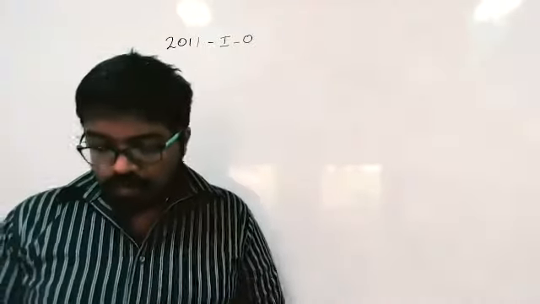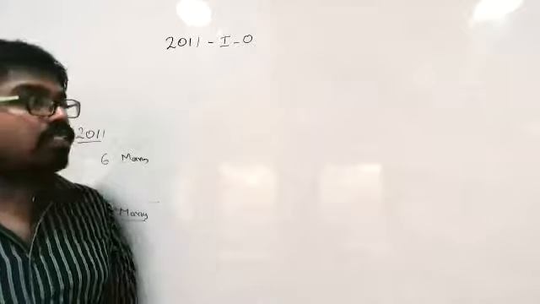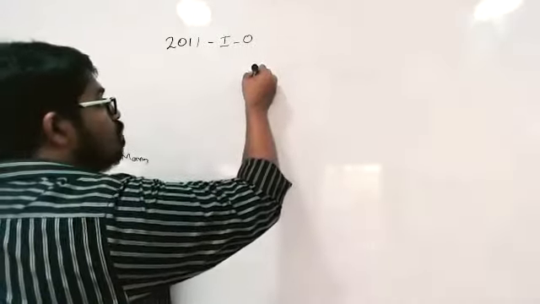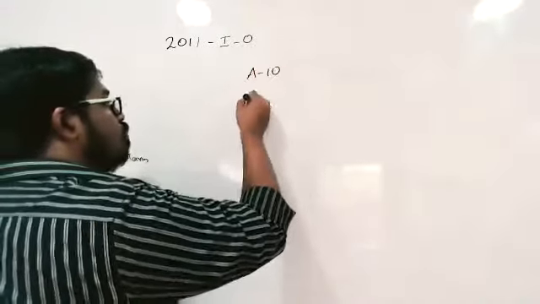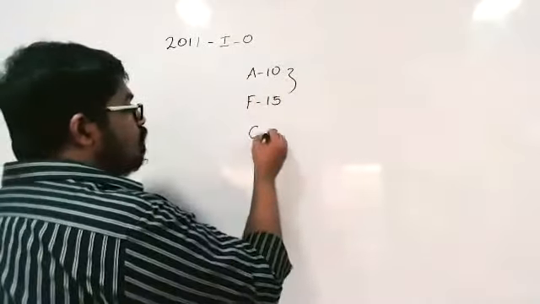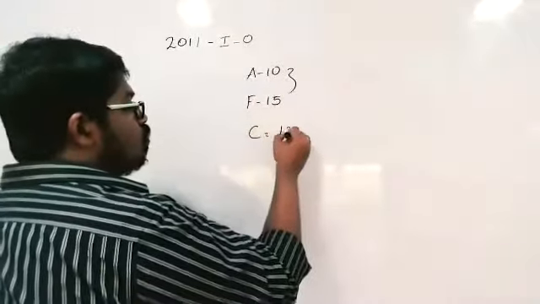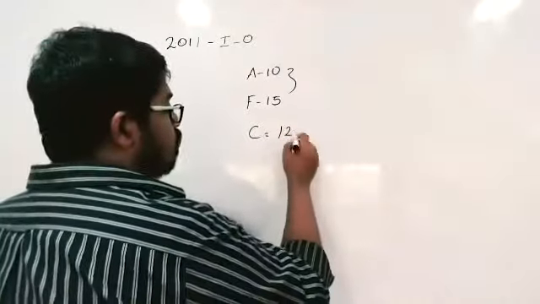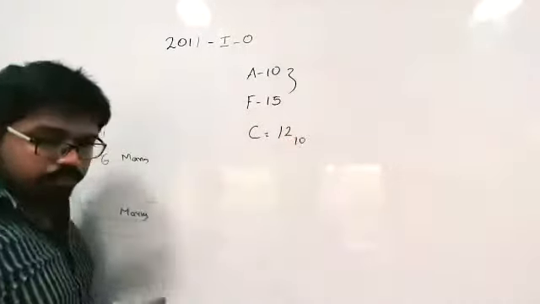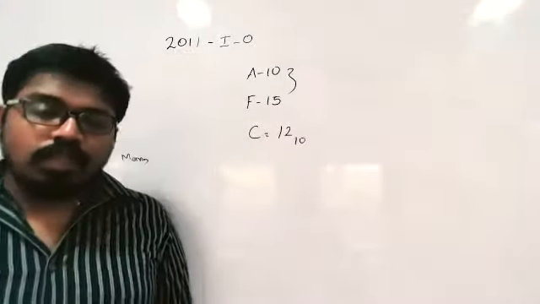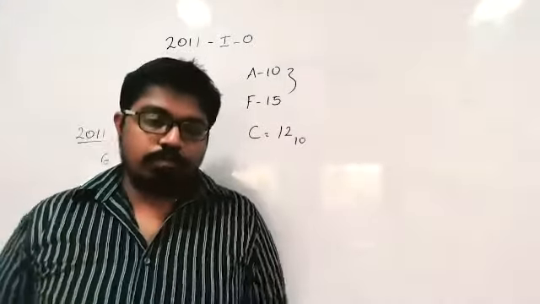So C in the hexadecimal number system. In the hexadecimal number system, A will be equal to 10 and F will be equal to 15. So C will be 12. 12 means it is base 10. So 12 base 10 will be a straightforward answer.